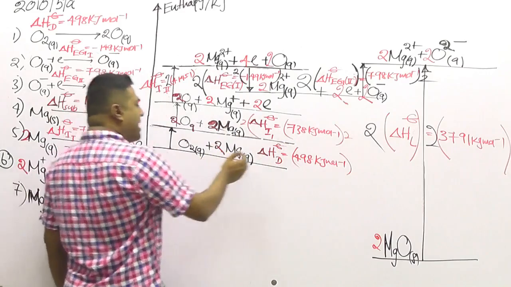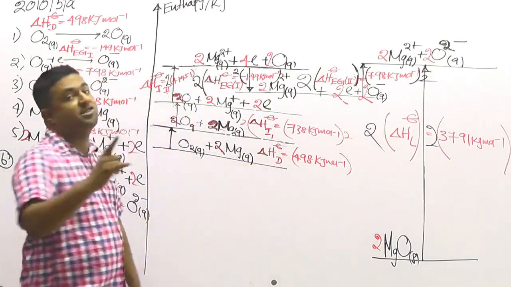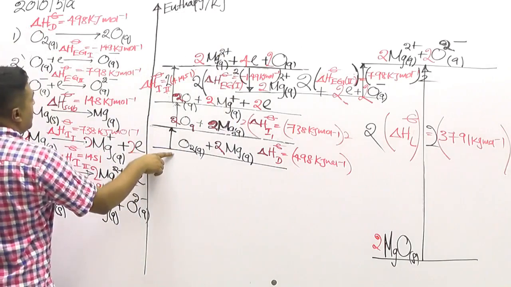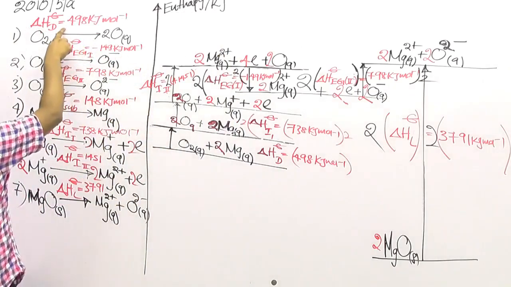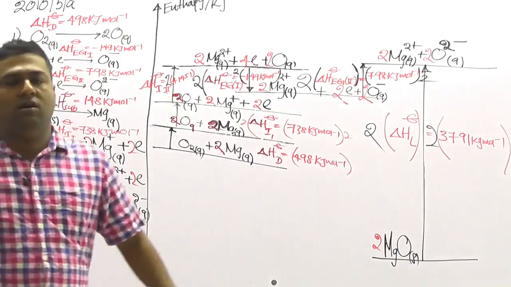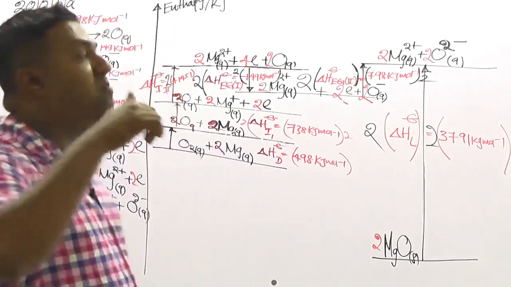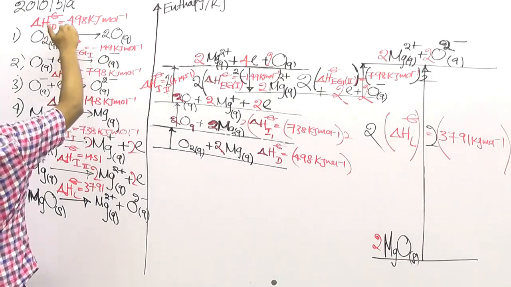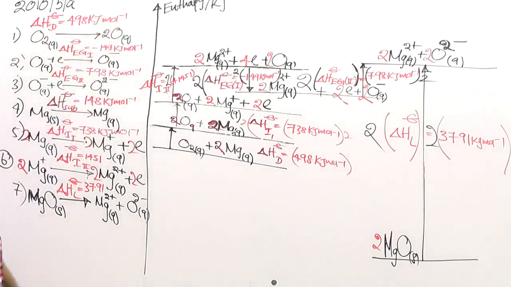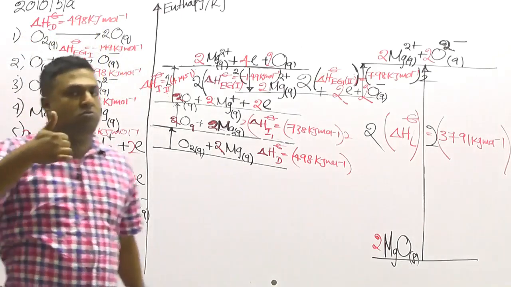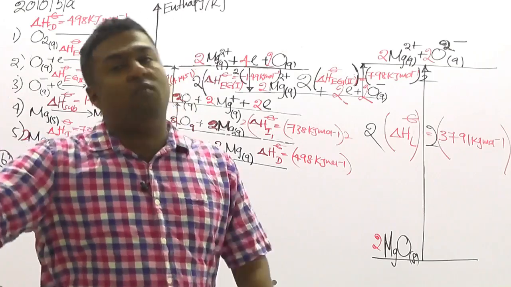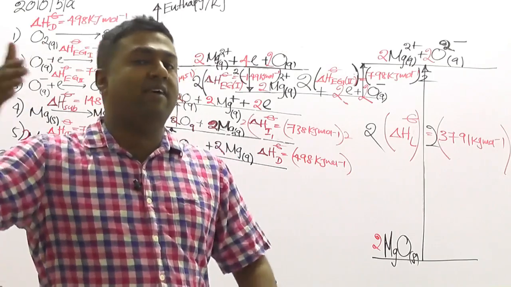But here you don't have twice. Why? Because the enthalpy is defined for 1 mole of bonds, and according to the definition, you get 2 moles of oxygen atoms, because only 1 mole of O2 will be converted into 2 moles of O gas atoms.